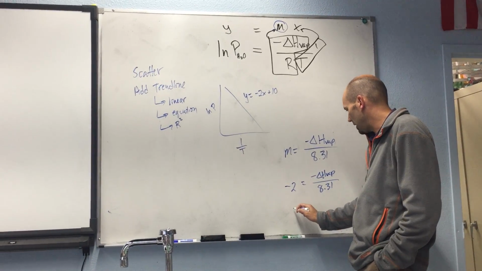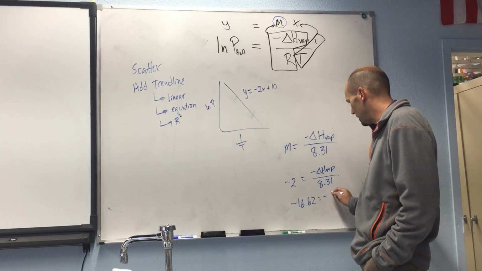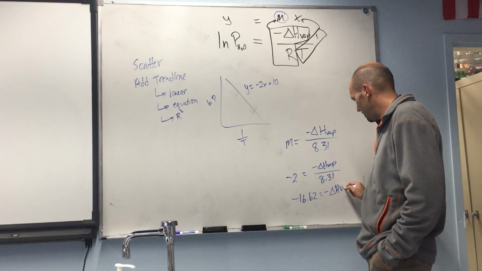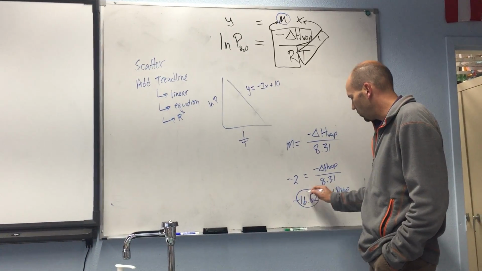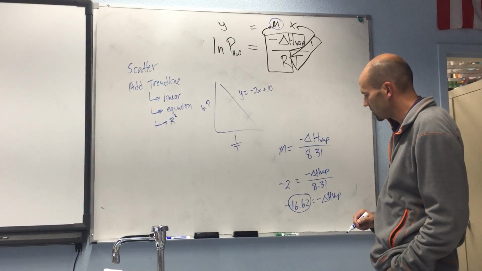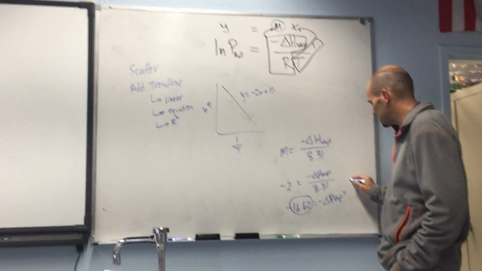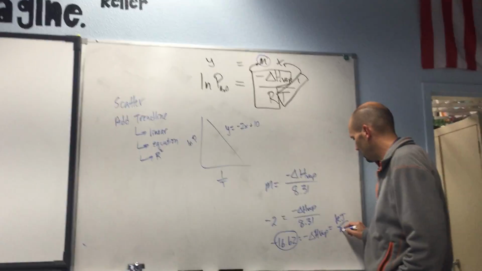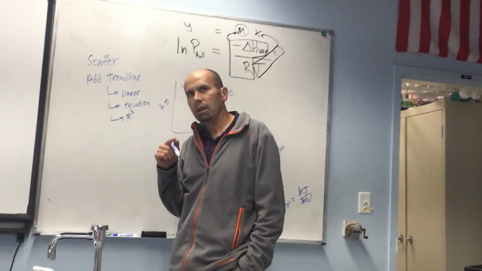Multiply it across, I get negative 16.62 is equal to negative delta H vap, and so the heat of vaporization of water would equal 16.62.